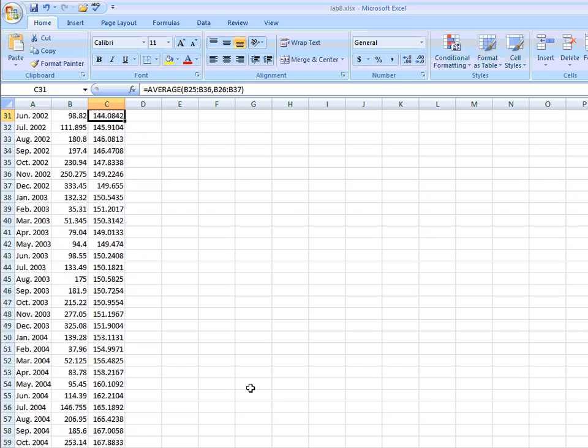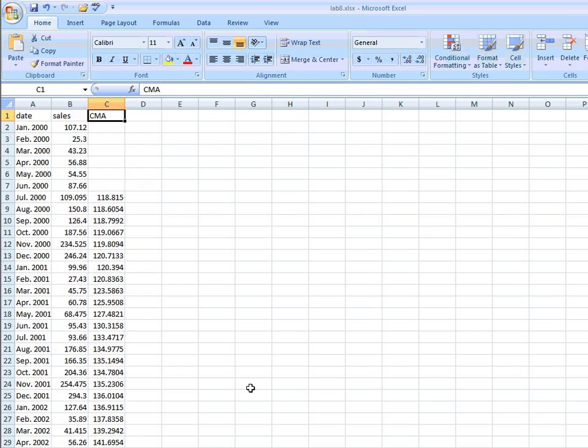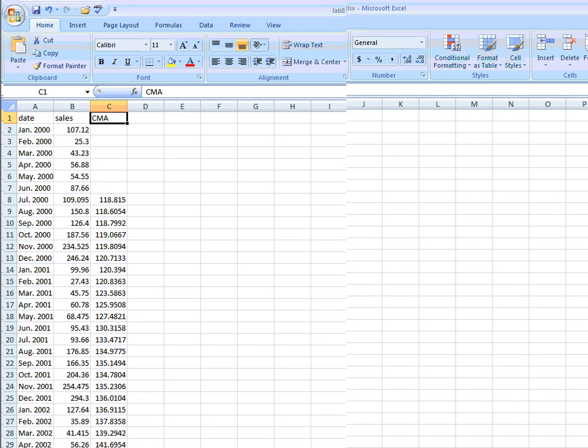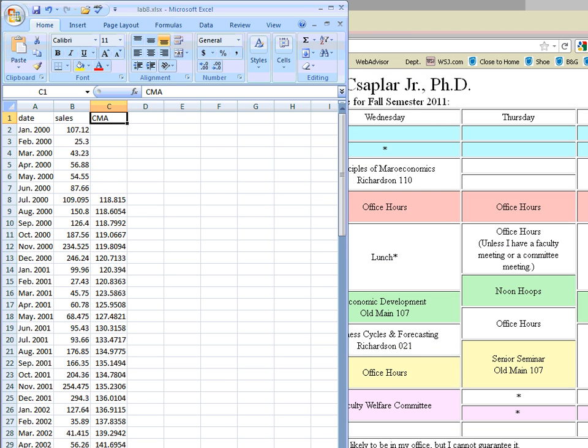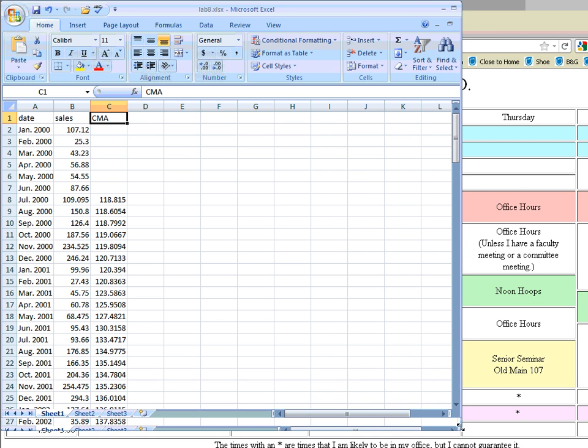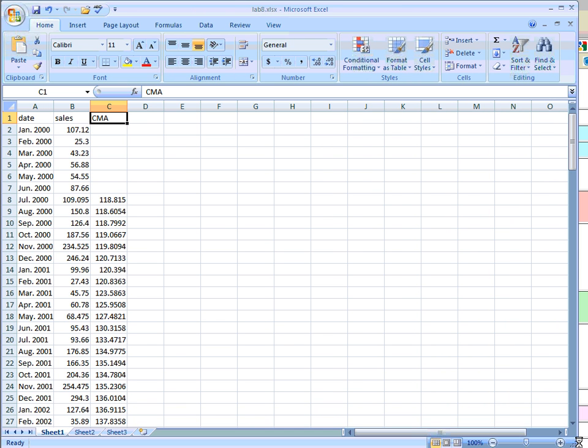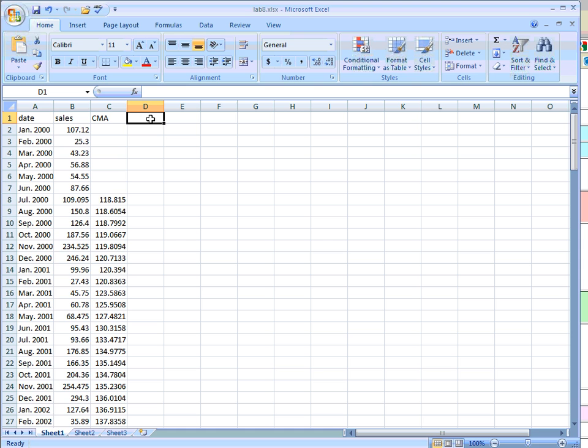Now, the next thing we need to do is the seasonality. And I'm going to make this a little better so that you'll be able to see more of what I'm doing. This is going to be preliminary seasonal indicator.